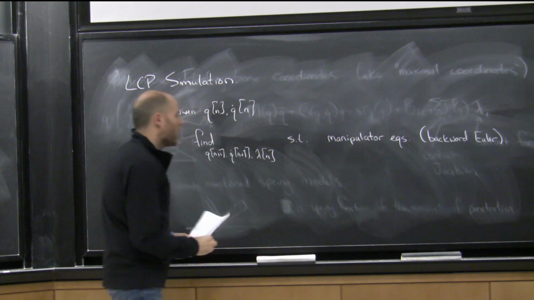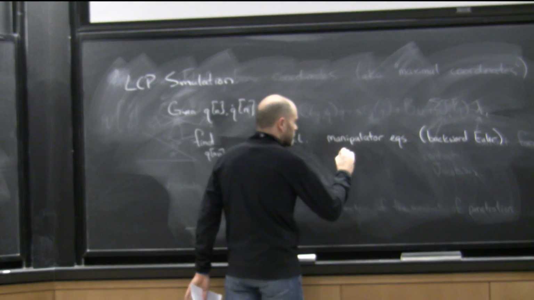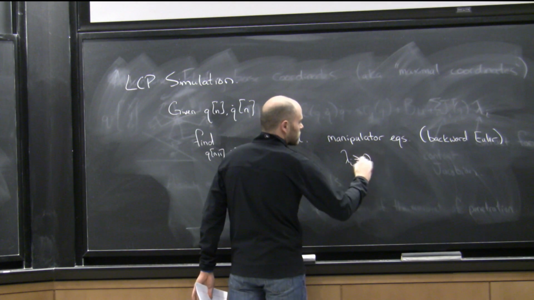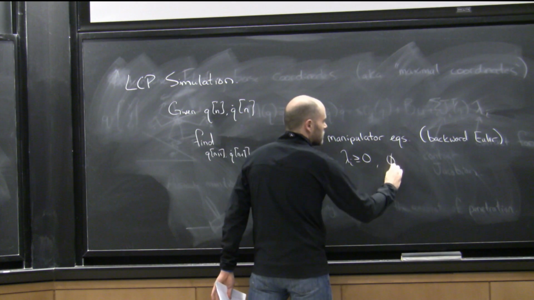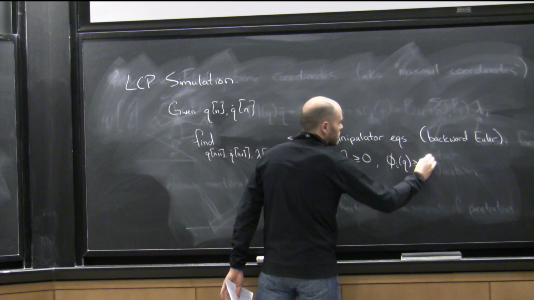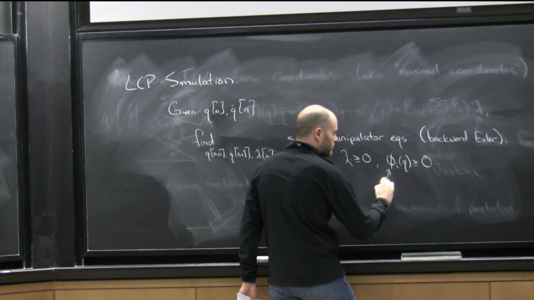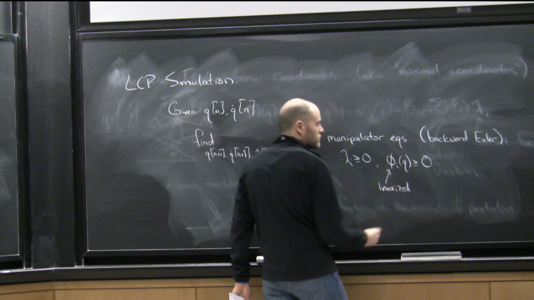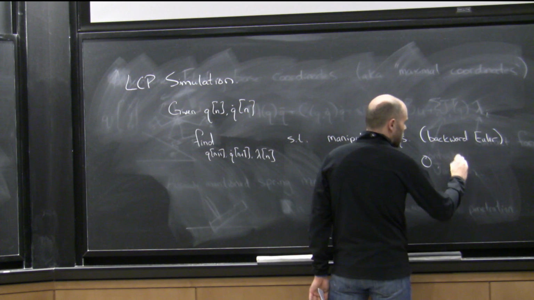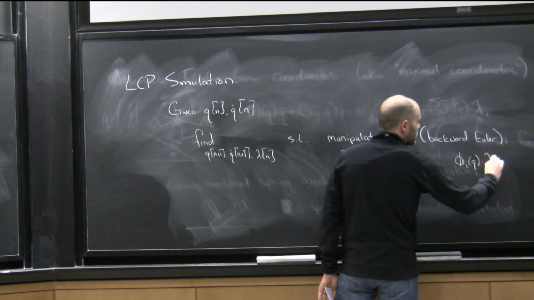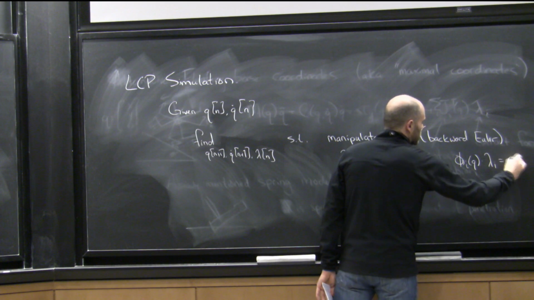And then my complementarity constraints: phi_i greater than or equal to 0, lambda_i(q) greater than or equal to 0. In practice, this gets a linear approximation of this, also to be an LCP. And then lambda_i(q) times phi_i equals 0.